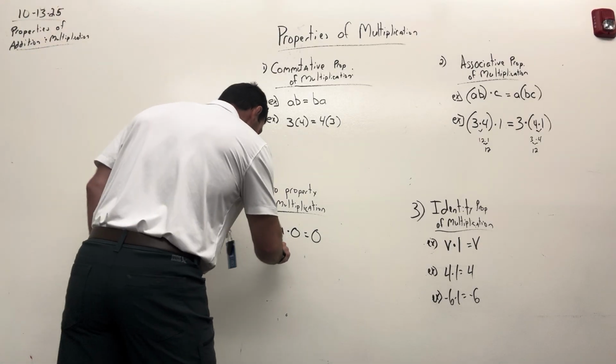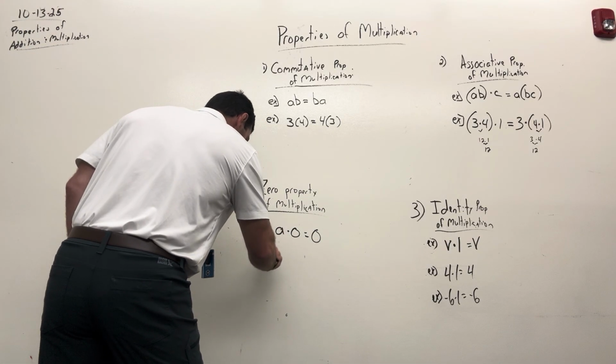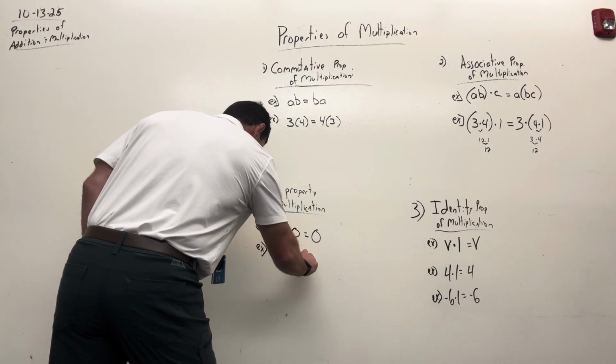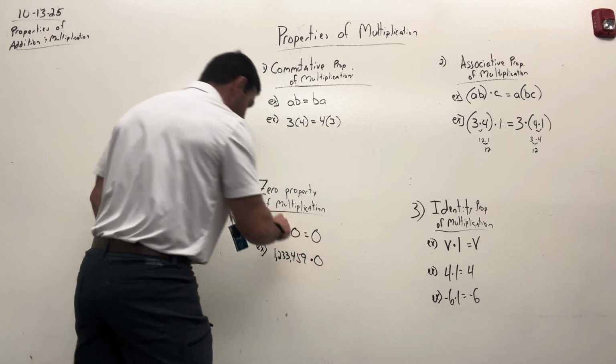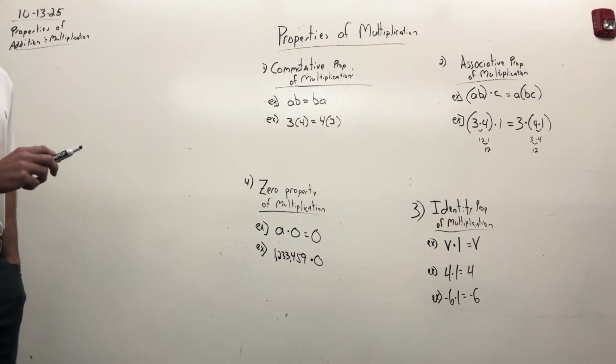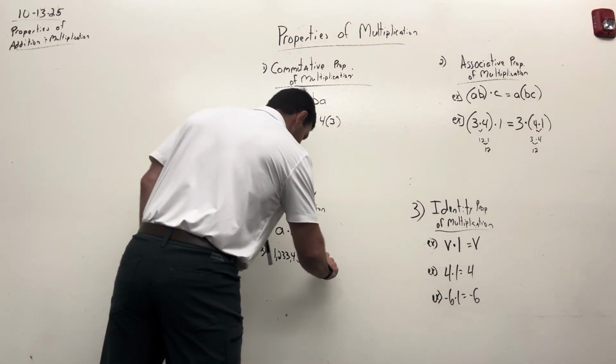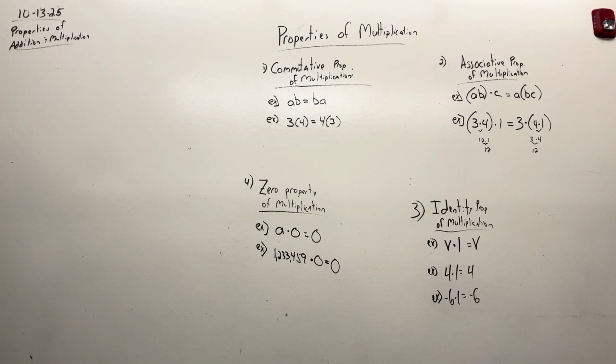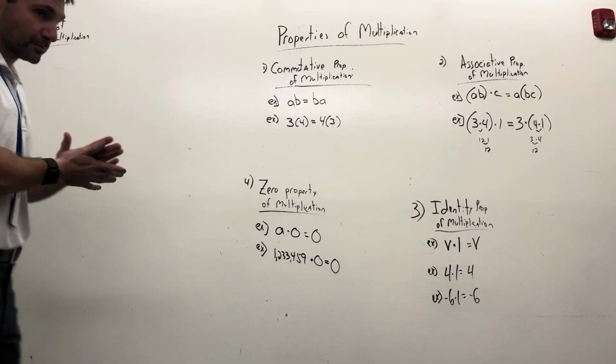I don't care if it's a letter, if it's a big number like 1,233,459 times 0 is 0. Anything times 0 is 0. Okay, what questions do we have?